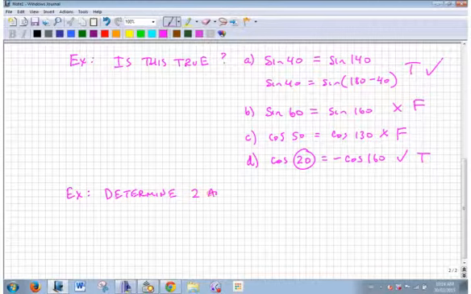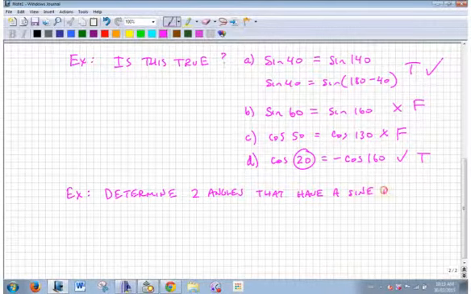How about another one? Determine two angles that have a sine ratio of 0.5.